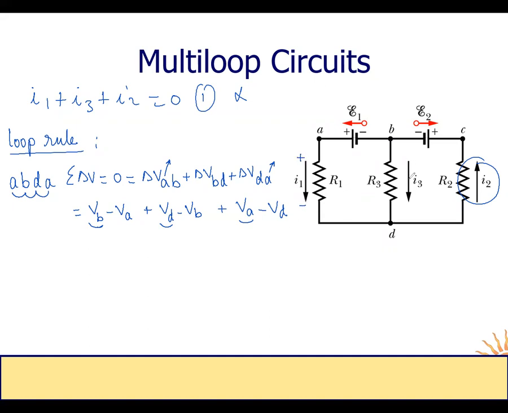The current must start from positive and go to negative. Okay, VAB, we start with B. B is at the negative sign, so we put minus E1.